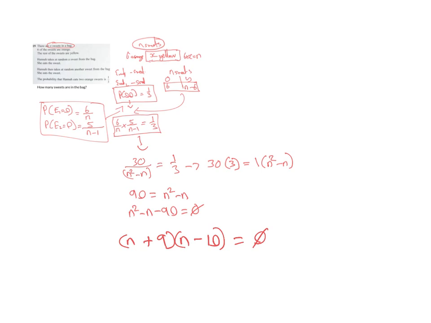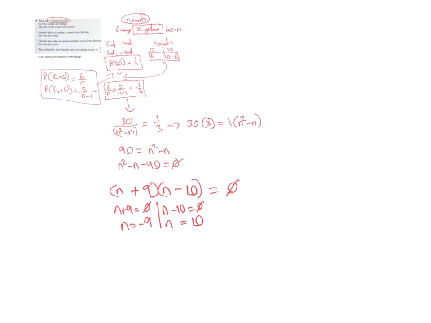So n times n is n squared, plus 9n, take away 10n is negative n, and plus 9 times negative 10 is negative 90. Solve them, so each of the brackets has to equal 0. That's how we do this zero product method. So n plus 9 equals 0, so n equals negative 9. n minus 10 equals 0, so n equals 10.